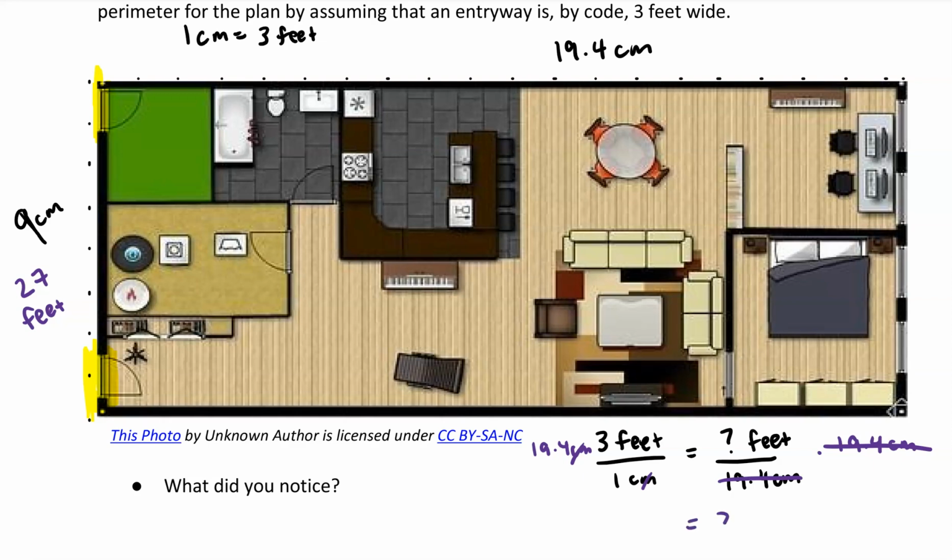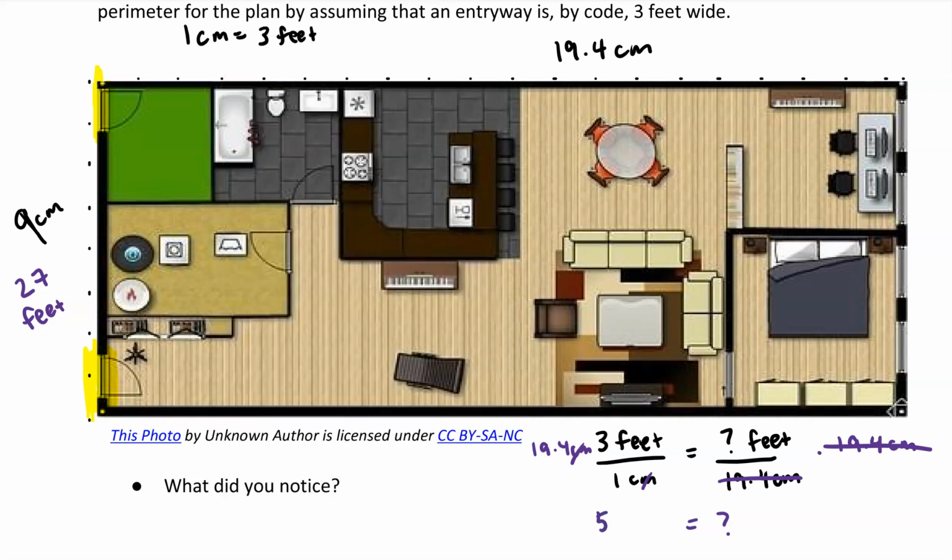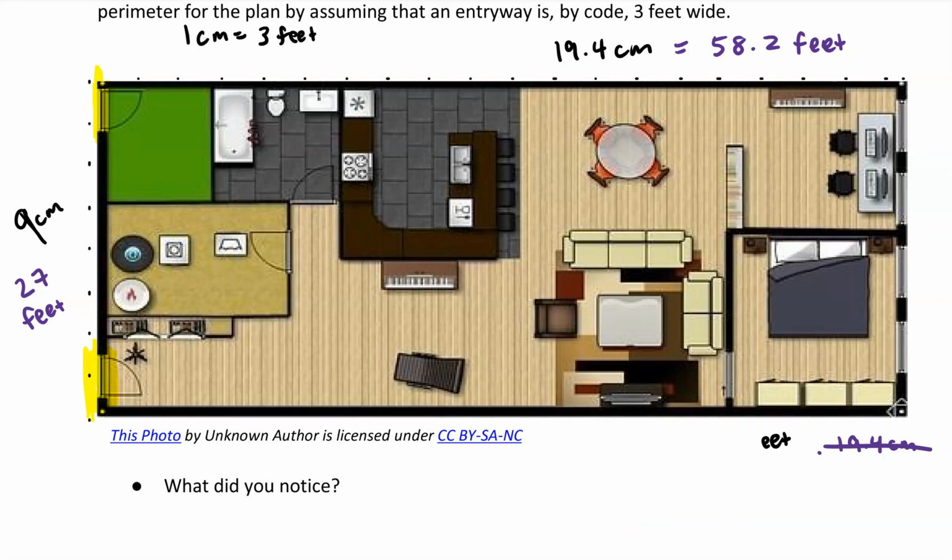So we'll end up getting that question mark is equal to, I just have to multiply 19.4 times 3 divided by 1. But again, that's just the same thing as 19.4 times 3, so I could just do that. And we know that that's 58.2 feet now. So this is equal to 58.2 feet.